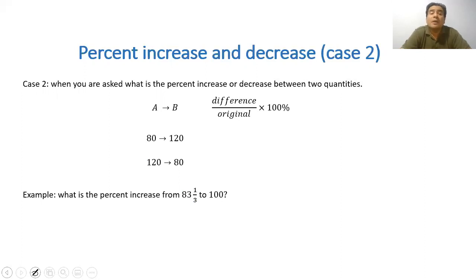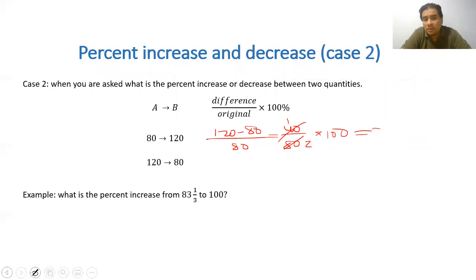For example, from 80 to 120, what is the percent increase? Okay, the difference between these two is 120 minus 80 divided by the original, which is 80. So we have 40 over 80 times 100. This goes away. 1/2 times 100 is 50%. Okay, what about the percent decrease from 120 to 80?